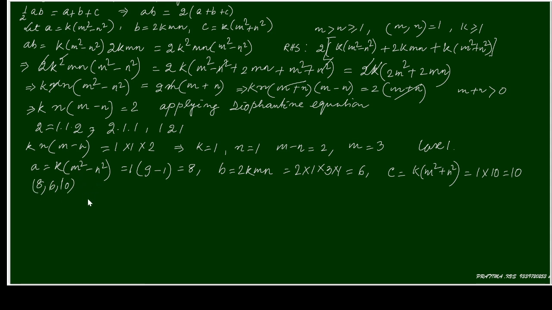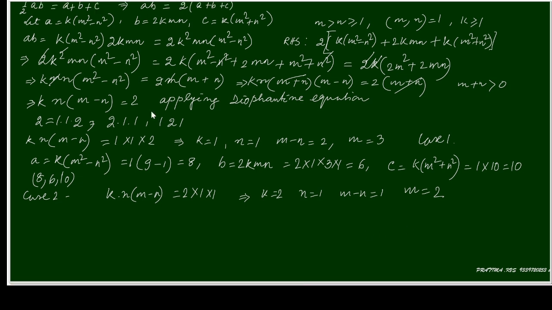Now case 2. If we apply case 2, then K into N into M minus N equals 2 into 1 into 1. That means K equals 2, N equals 1, and M minus N equals 1. Then M equals 2.